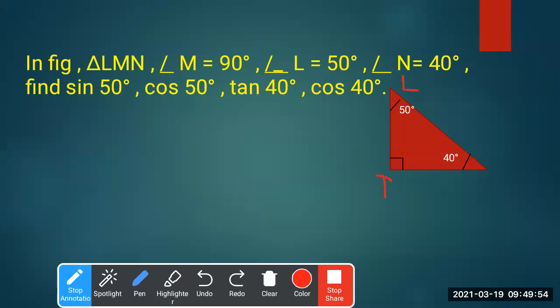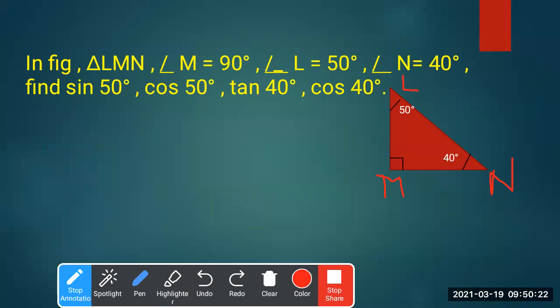Find sine 50, cos 50, tan 40, and cos 40 degree. Now this is the question. Here you can apply the definition. I will show you two trigonometric ratios, how to do it. Remaining you can practice.